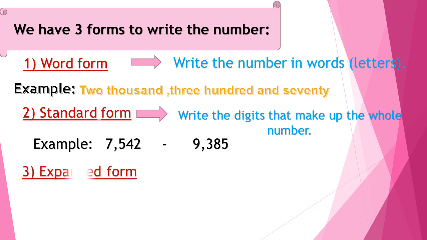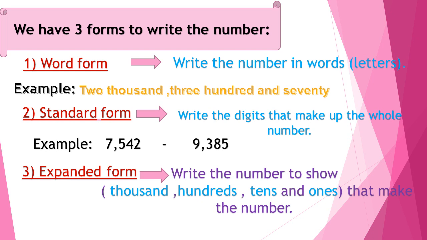Number 3, expanded form, means write the number to show the thousands, hundreds, tens, and ones that make the number. For example, 3,542. We put the place above each digit: ones, tens, hundreds, thousands.